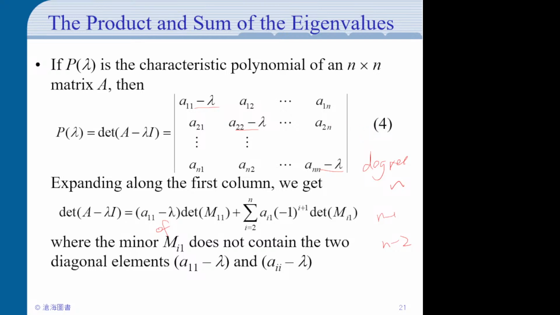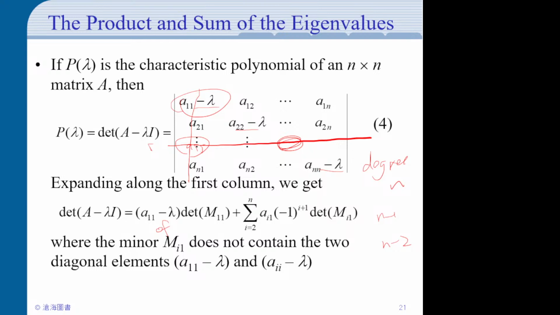Because if we fix some i here, and expand on some a_i1, what you get from the minor is that you get rid of this row and this column, so this term is picked out, and the ith diagonal is picked out.